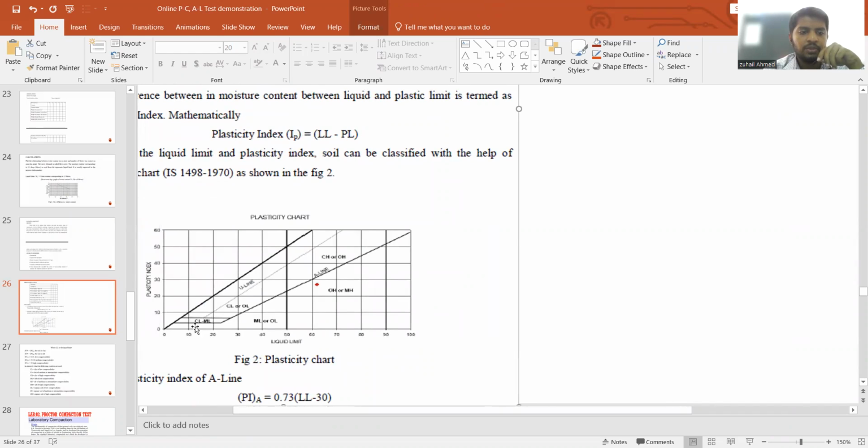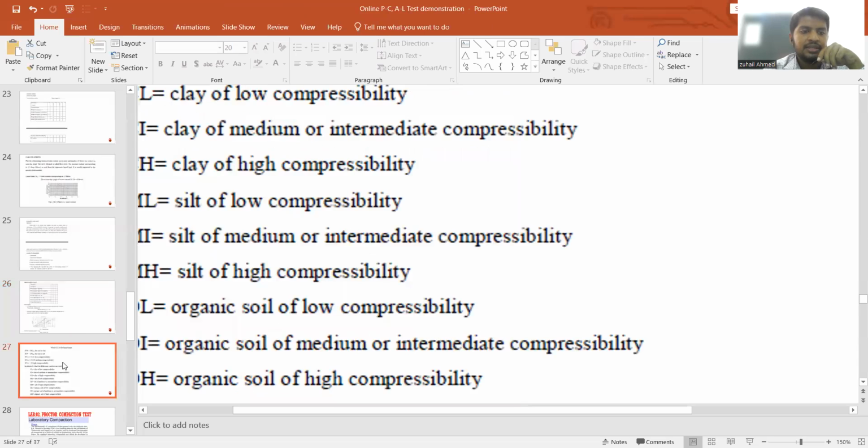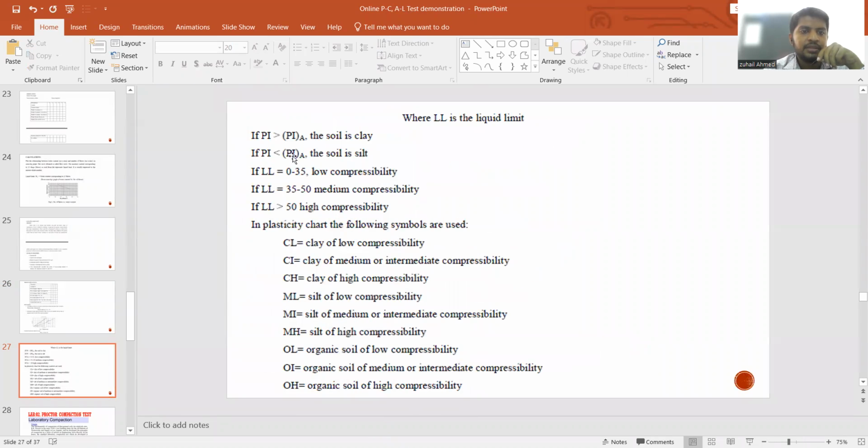It is for liquid limit and plasticity index. Through this chart, you can understand there is a line. Where the plasticity index is above the plasticity index of the A line, the soil is clay.